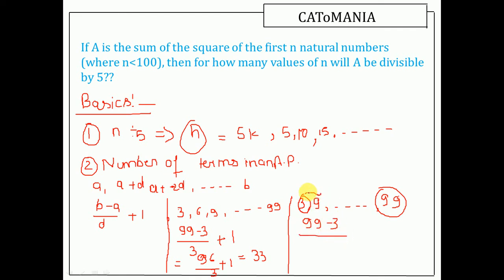Now the common difference is 6, since 9 minus 3 is 6. Plus 1. So it comes to 96 by 6 plus 1, and 6 16s are 96, so it is 16 plus 1, and it is 17. So there are 17 terms in this AP.